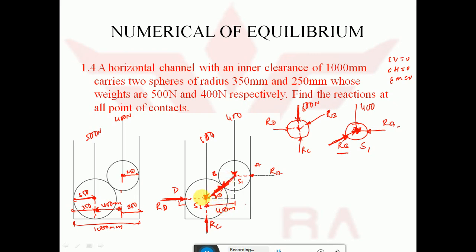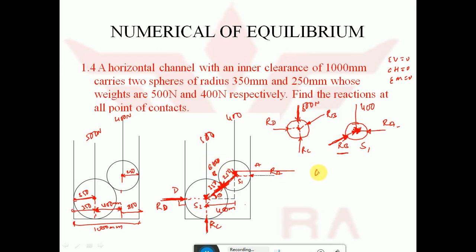So I can find out the hypotenuse, right? The radius of this circle from here to here is 350 mm, and the radius of this circle is 250 mm, that is from here to here. This is 250, 350, 300, 500. So the total hypotenuse is equal to 600.